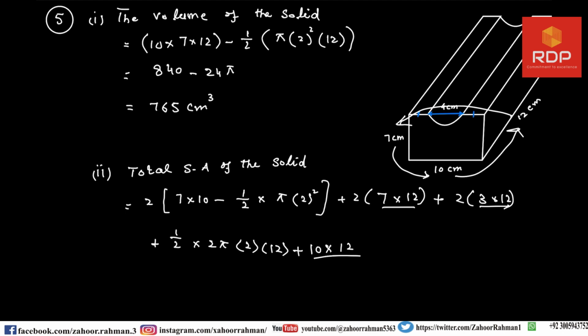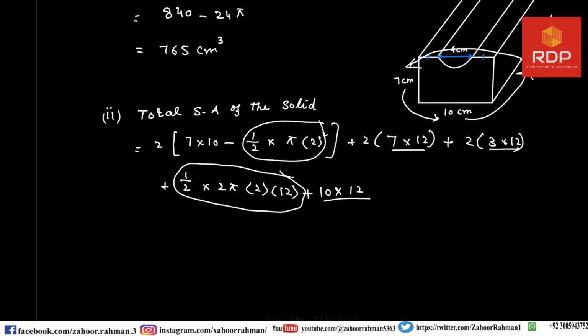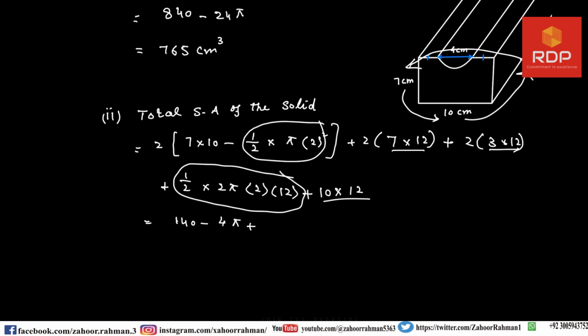There is a special way, and this area is of that cylinder. This area is also of the cylinder. So in a very simple way I told you. Now from the first part we will get 140 minus 4 pi, 168, 72 plus 24 pi, plus 120.